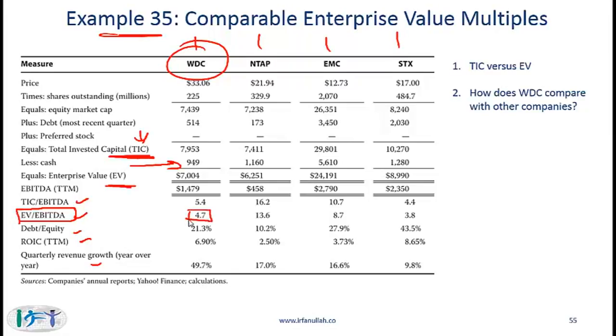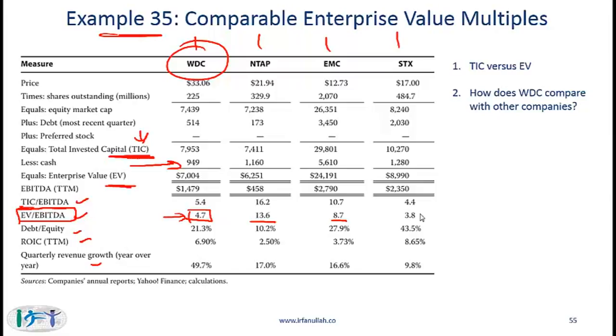As we've said, all else equal, a low number means that the security is attractive. So this is selling at a relatively low multiple compared to this company and this company. But it is higher than STX. So purely based on EV to EBITDA, STX seems to be better. What about based on total invested capital to EBITDA?